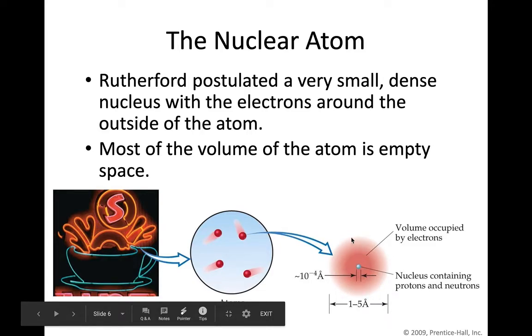And so understanding that can really be a big part of explaining some of the trends, some of the material properties and atomic structure properties that you might be asked about. All right, so that's the main idea. The atom is mostly empty space.